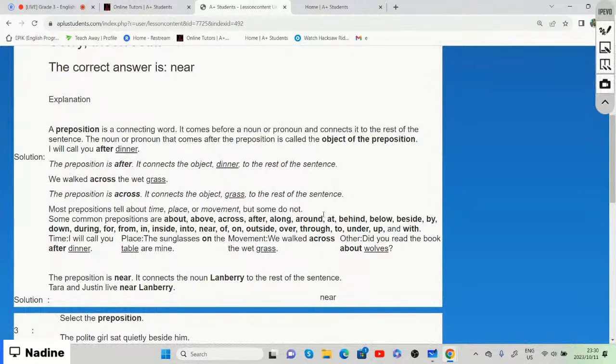But the noun or the pronoun that comes after the preposition, we call that the object of preposition. So the object of preposition is basically our noun that comes after our preposition, and it's usually at the end of the sentence.